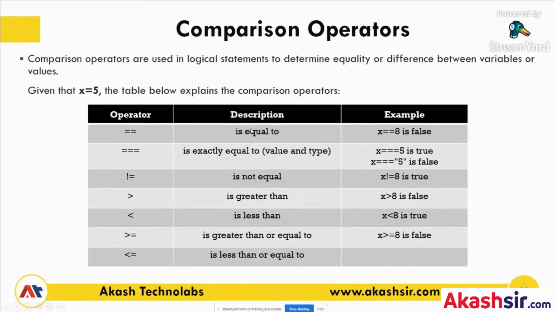Double equals checks your value, while triple equals checks your value and data type. Then we have not equals, greater than, less than, greater than or equals to, and less than or equals to. These are simple operators which are also available in C programming.